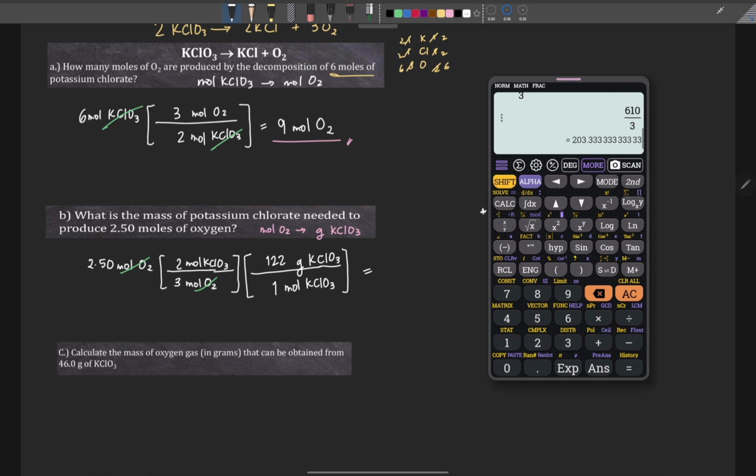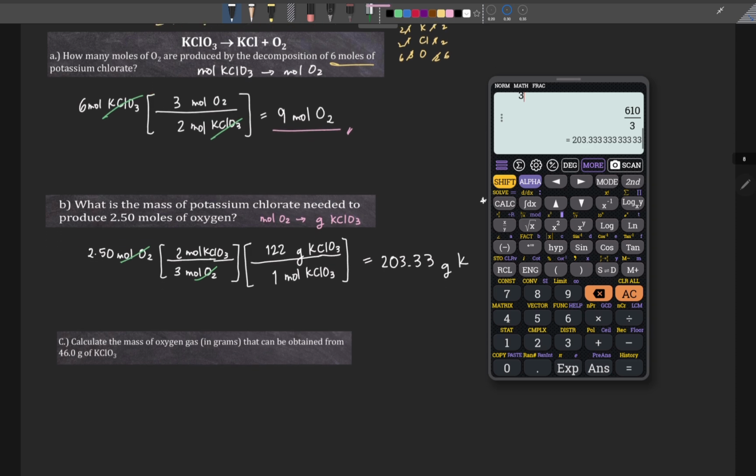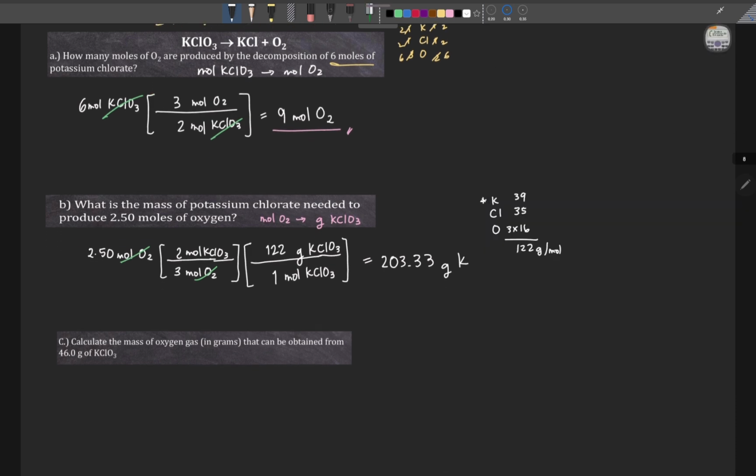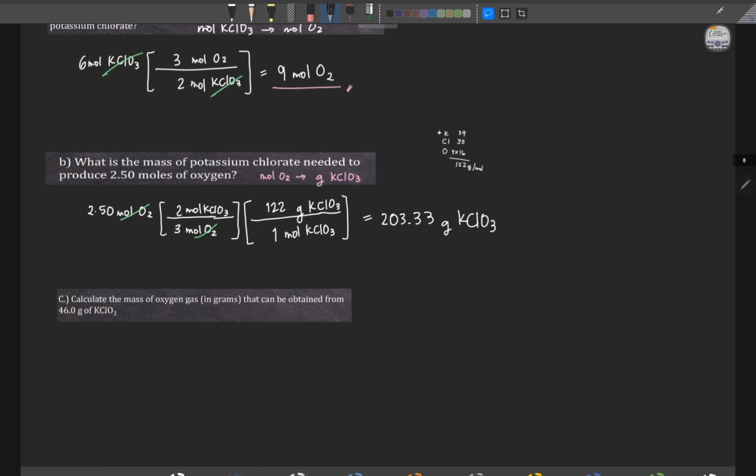So 203.33, and the unit is grams of KClO3. Okay, so this one was used to solve for the mass. Okay, so this one is the answer.